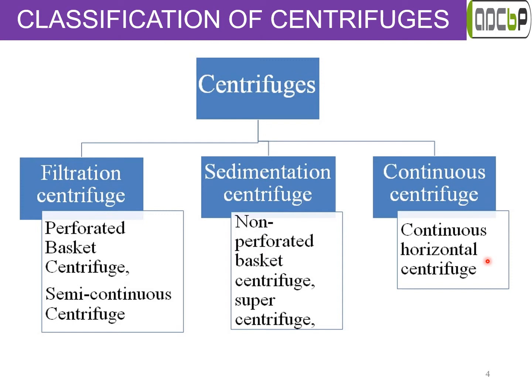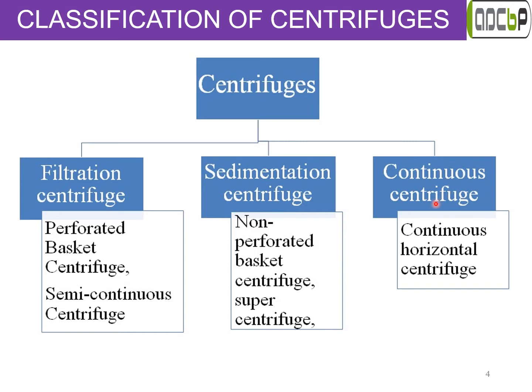So they are slowly acting as they require some time for the complete separation. Also, they require comparatively low maintenance as compared to filtration centrifuges, and the removal of the solid or residue is very easy in case of sedimentation centrifuge, but these are the batch type of sedimentation centrifuges.